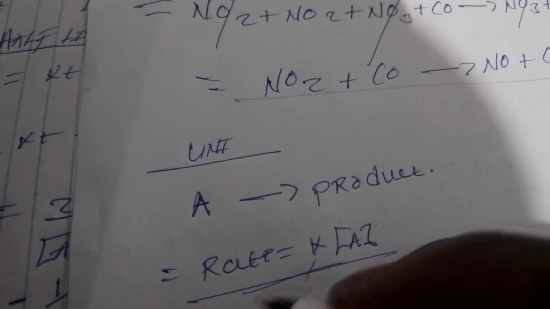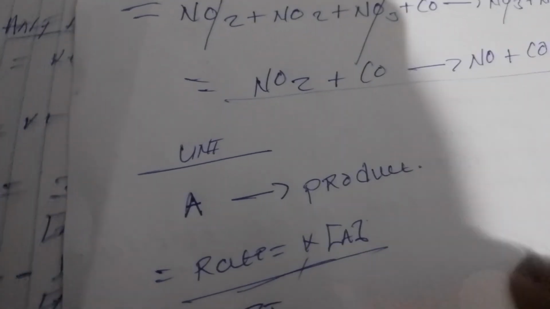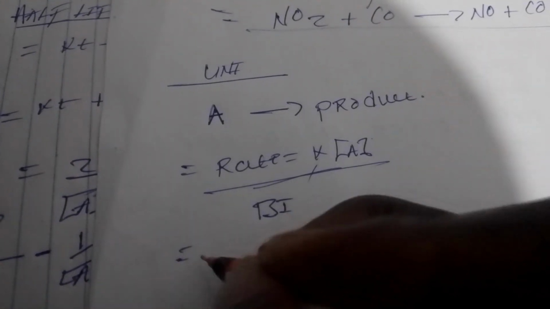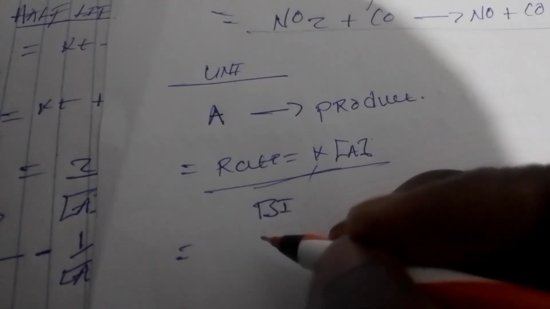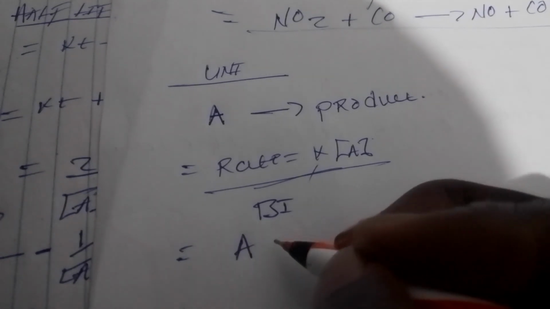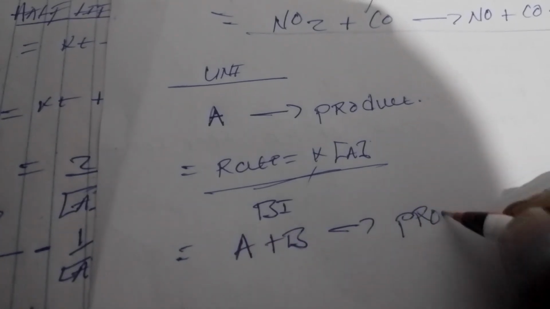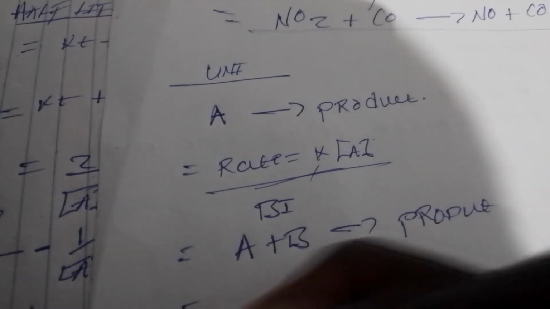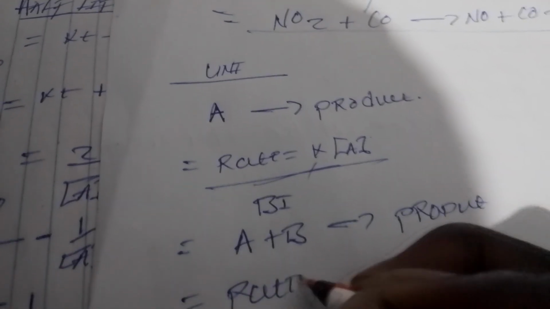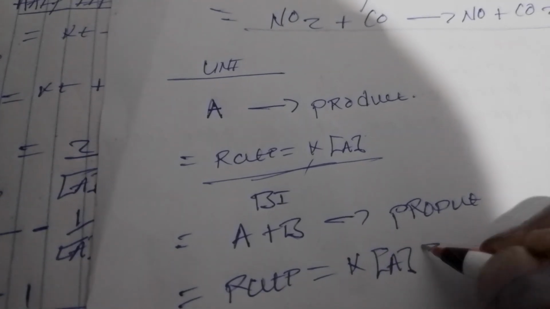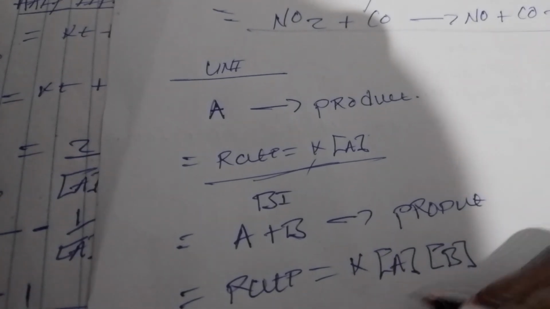Now, we also talked about bimolecular. That means you might have two different reactants producing a certain product. That means the rate is equal to a constant times the concentrations of the reactants, and we maintain the product like that.